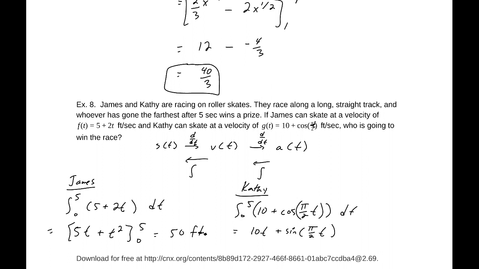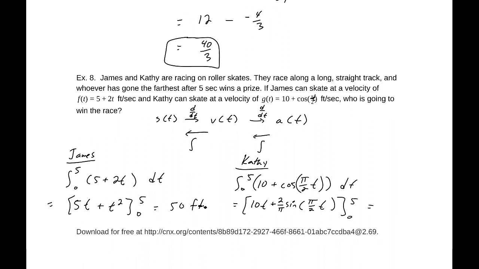Dividing by pi over 2, we have a plus 2 over pi sine of pi over 2 t, evaluated from 0 to 5. And this will be 50 plus 2 over pi feet. So, in this case, Kathy has gone a little bit farther than he has. So Kathy, of course, wins. She's gone farthest in 5 seconds.